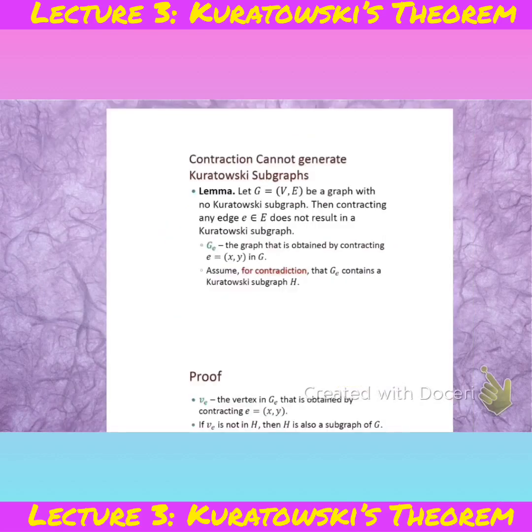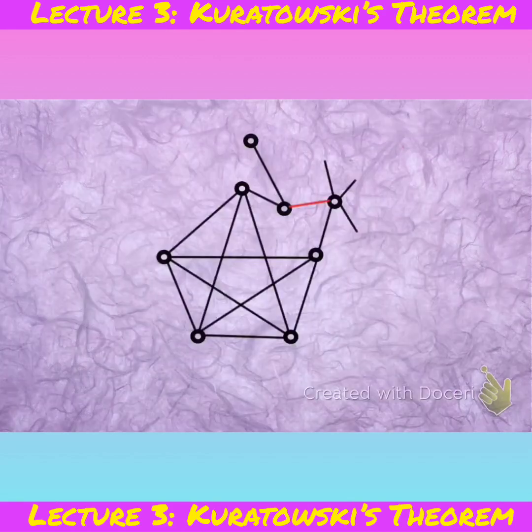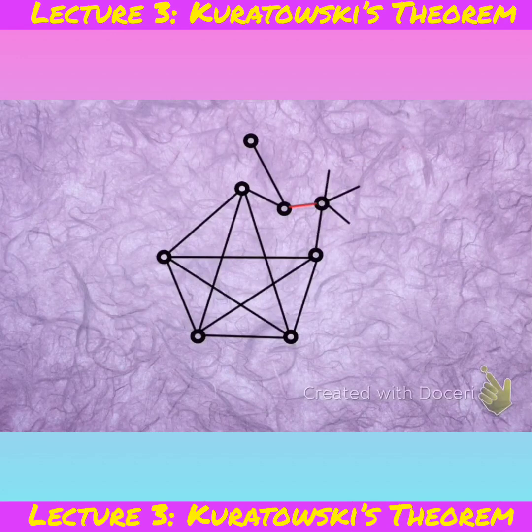Right, now what we need to do is prove that a contraction cannot generate a Kuratowski subgraph. Now, what is a contraction? Let's first of all discuss what we mean by that. You have two vertices, adjacent through a red edge, and we're going to contract the red edge.